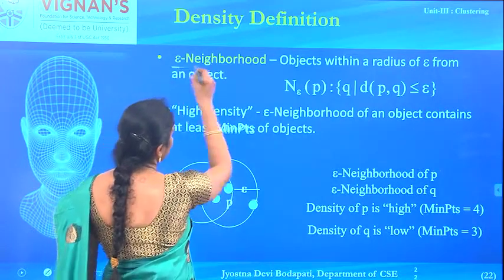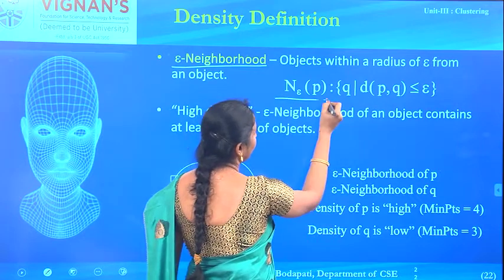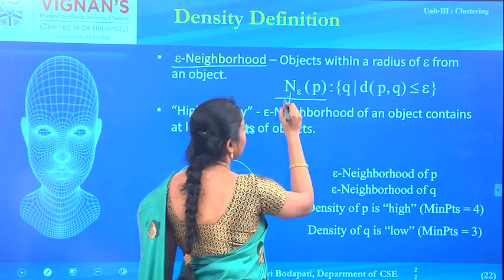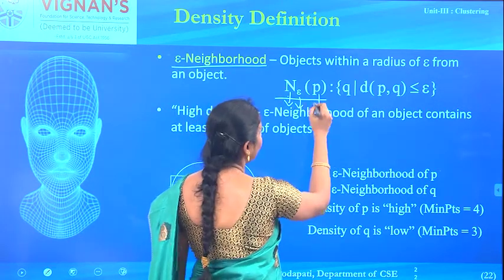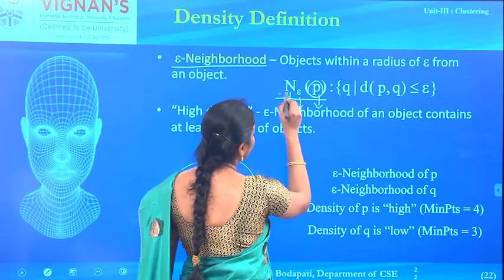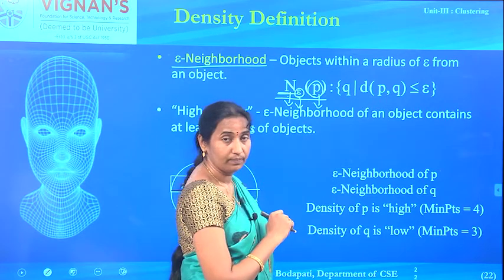Yeah, so we just now discussed what the epsilon neighborhood is. In mathematical terms, you can represent the epsilon neighborhood like this. So this N stands for the nearest neighborhood, epsilon is the radius that you are going to use, and p is the point you are representing. For the point p, what is the nearest neighborhood when epsilon is the radius that you are using?